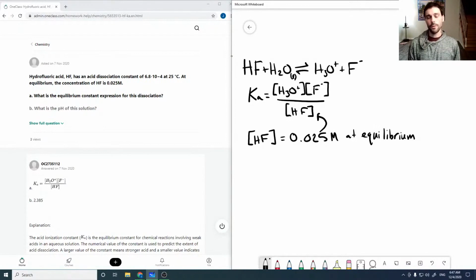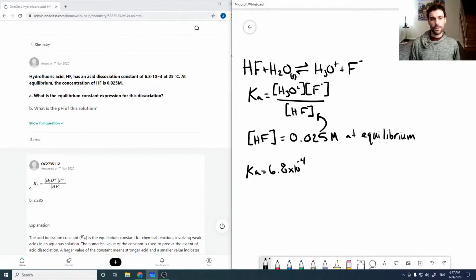So there's a difference between if we're given our initial concentration or our equilibrium concentration. So that's good. And our Ka is given in the question of 6.8 times 10 to the minus 4.